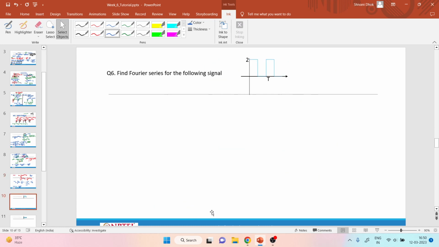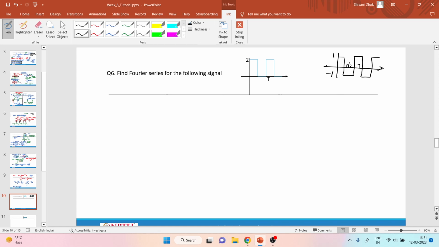Okay. Let us look at this signal here. Now this is another signal which looks a bit similar to the previous one. If I look at the previous signal, it was something like this. Only there is no negative component.